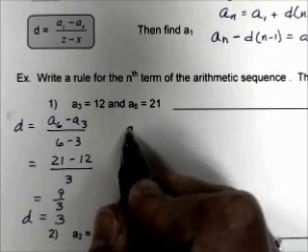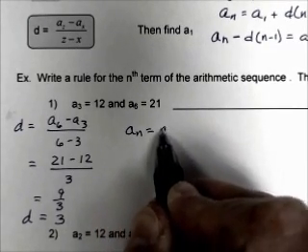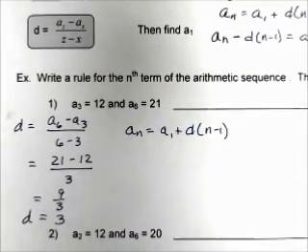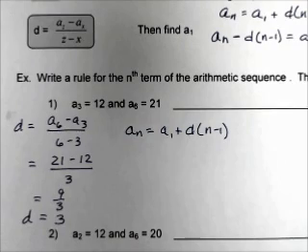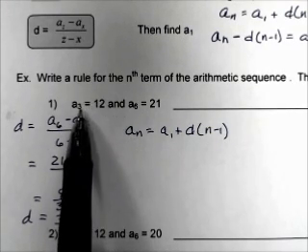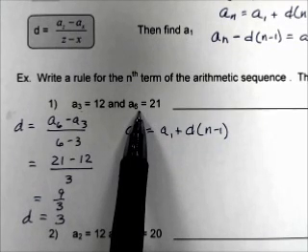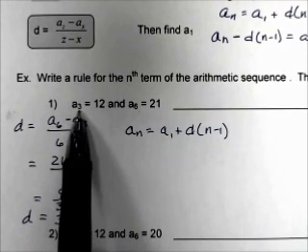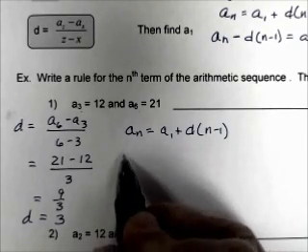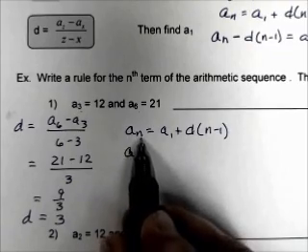Now, a_n equals a_1 plus d times n minus 1. Going back to our formula that we need to know. Now you can choose either the third term to work with or the sixth term. It doesn't matter. I'm going to choose the third term to work with. We need to find a_1. Let me replace n with 3.